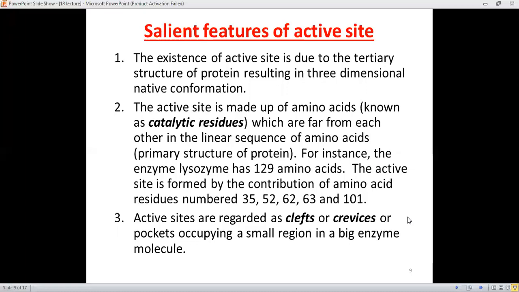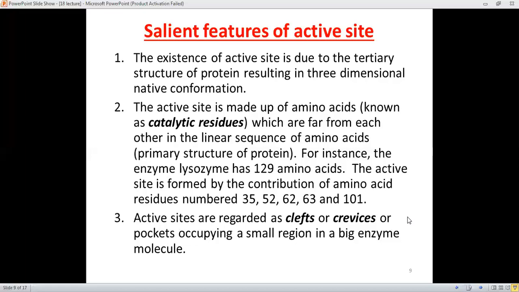It means that the enzyme, or overall the protein, forms its conformation during the foldings which take place in the structure of the protein to form its three-dimensional or tertiary structure, and therefore the active site is made up of amino acids, also called catalytic residues, which are far from each other in the linear sequence of amino acids.